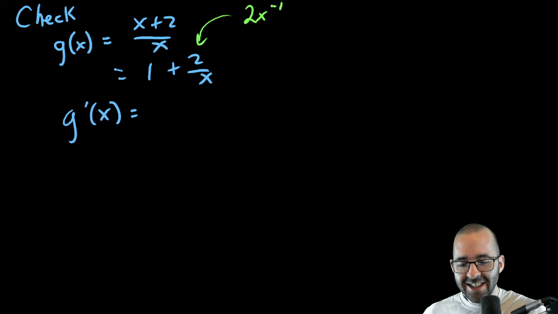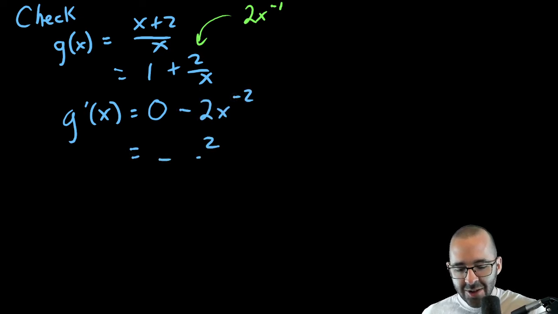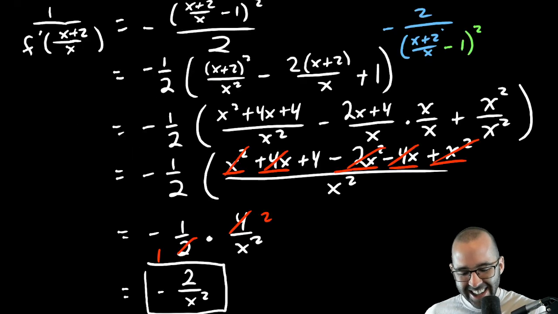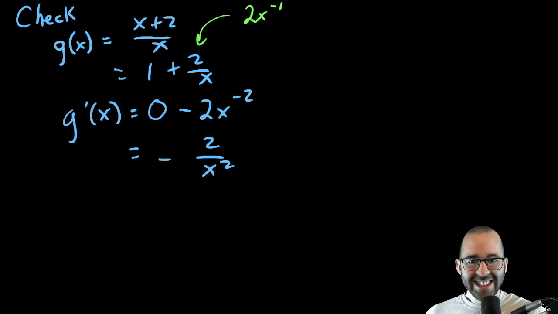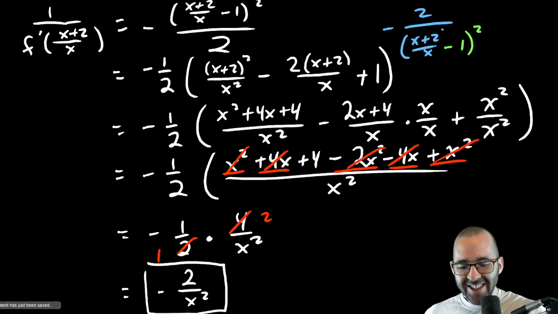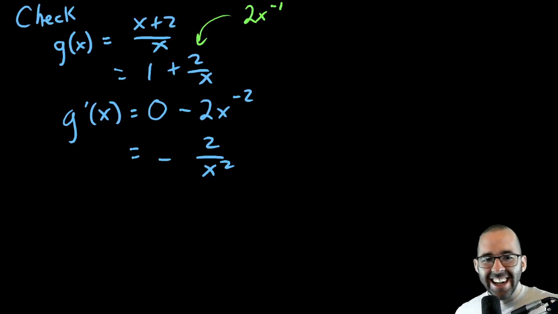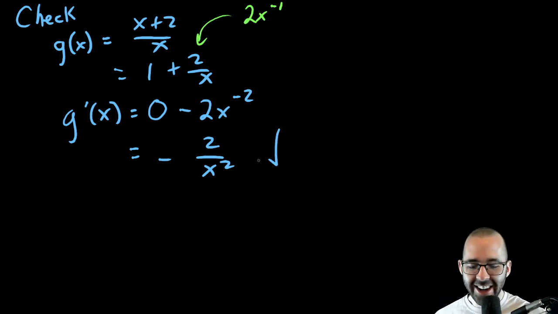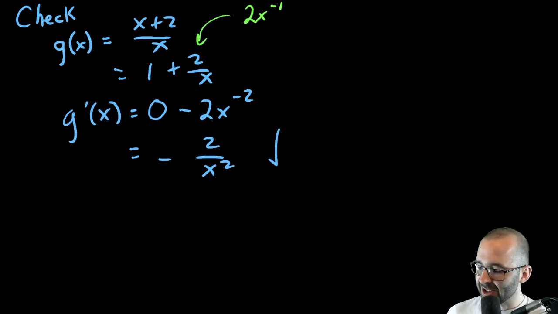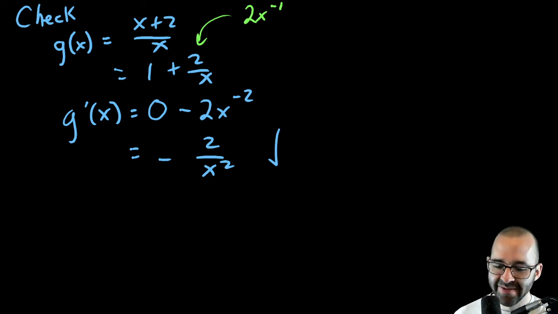That's just 2 times x to the negative first power. So the derivative of 1 is 0. And then use the power rule, negative 2 x to the negative 2. The derivative is negative 2 over x squared. There we go. It's the same answer, negative 2 over x squared. It took a little less time this way. You could have also used the quotient rule. All right. But it checks out. This is just some extra practice for you guys.